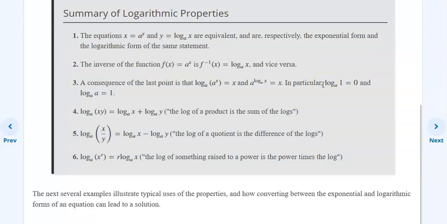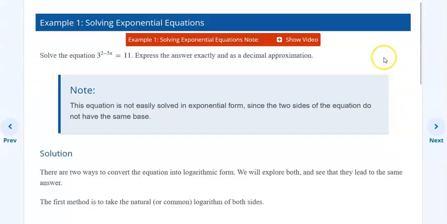Now, what we're going to do is some examples using these properties. When we do the examples, you'll note that they're going to show you the sequence in detail, but if you know the overall sequence, you can do some shortcuts, and we'll mention that as we go along.